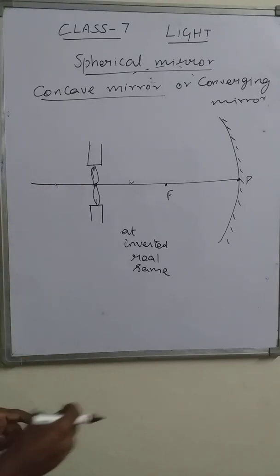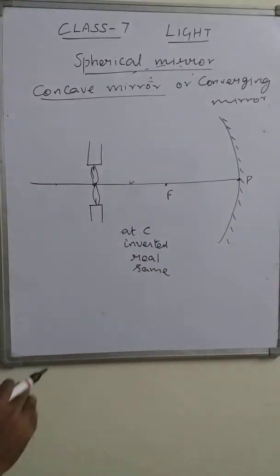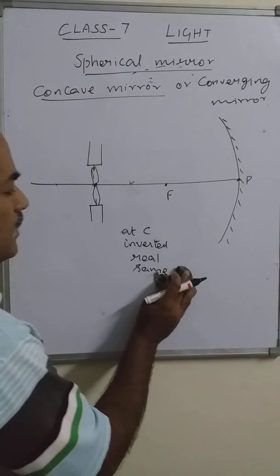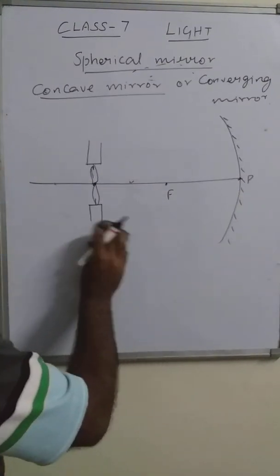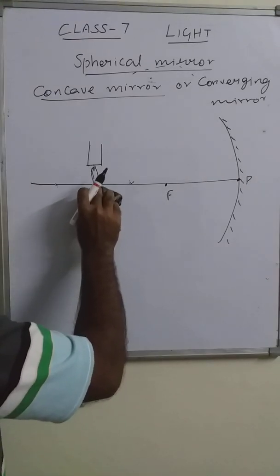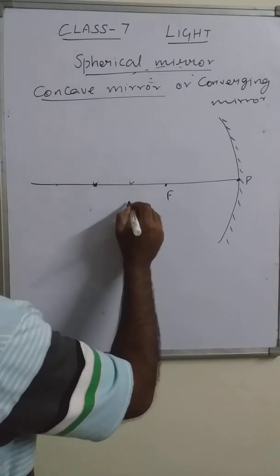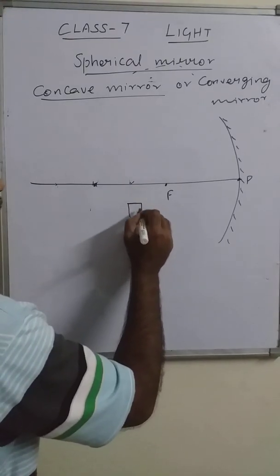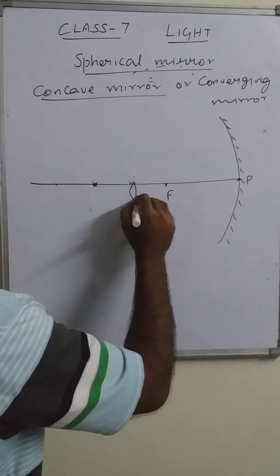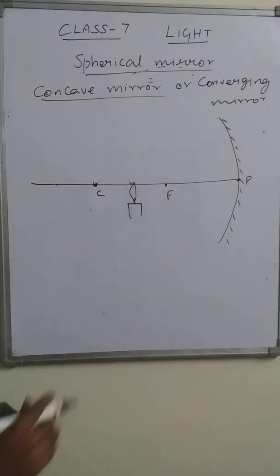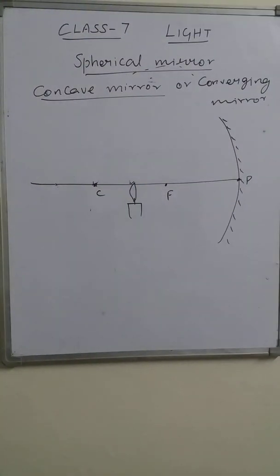Once again, here it is at C. Once again the same candle flame is moved towards the mirror one step, and now the candle flame is placed between the center of curvature and the focus, right?